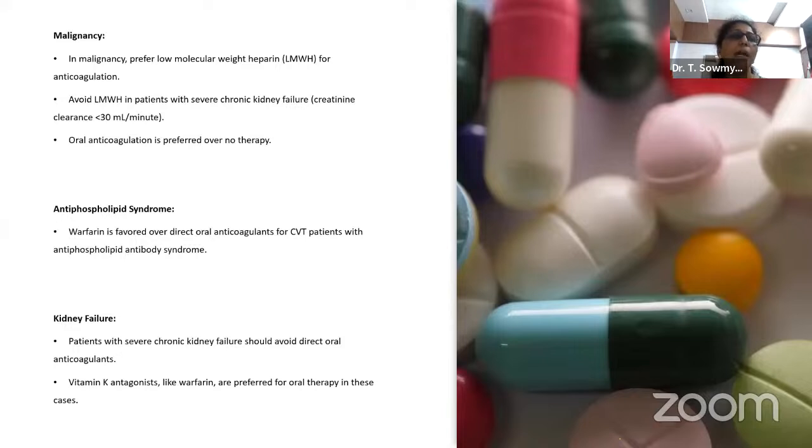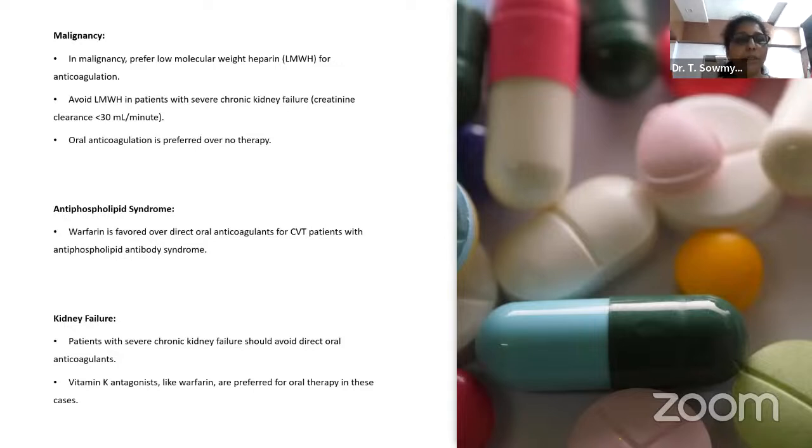And anticoagulation in malignancy. Avoid low molecular weight heparin in patients with severe kidney disease who have a creatinine clearance of less than 30. And in malignancy, we prefer low molecular weight heparin. And in renal failure, oral anticoagulation is preferred over no therapy.